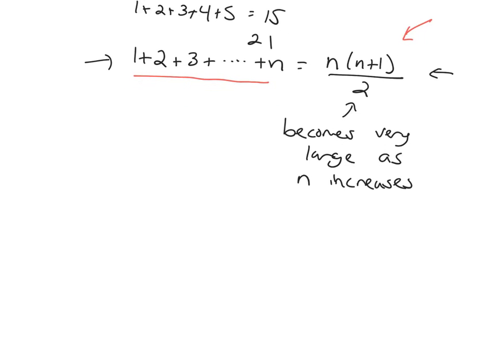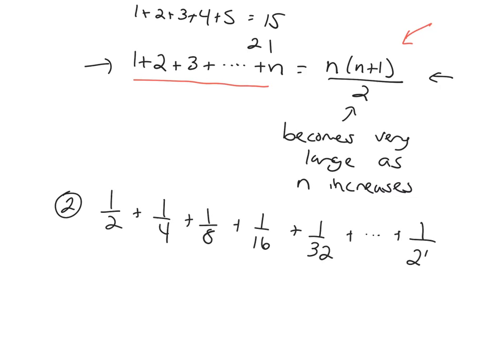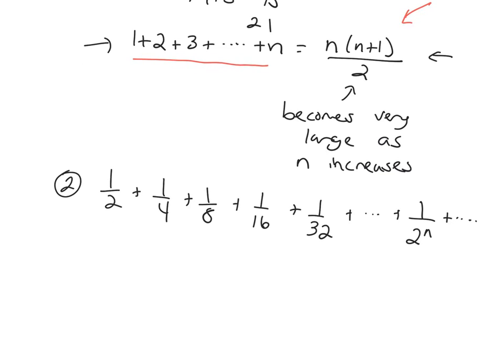So let's look at another one. Let's say I want to take the numbers 1/2, 1/4, 1/8, 1/16, 1/32. So in general, my general term is 1 over 2 to the n. And I want to see if it makes sense here for me to talk about the sum. So I'm just going to repeat what we did on the last example.